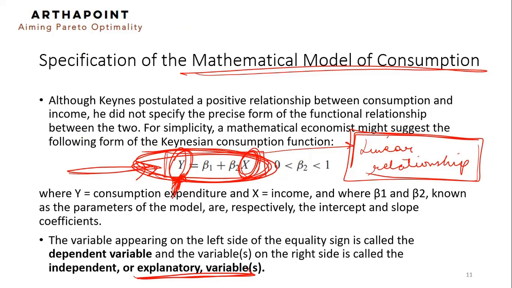You don't have to explain that. Independent variable is called explanatory variable because it is self-explanatory. The dependent variable is something that you have to explain. It's dependent, but independent is explanatory.